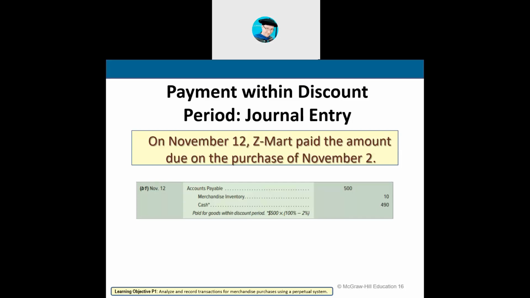If the merchandise originally cost us 500 and we're going to take advantage of a discount offer, we need to reduce the total value of our inventory by that amount, because that's where it came out of. Okay, yeah, that makes sense. Excellent question.